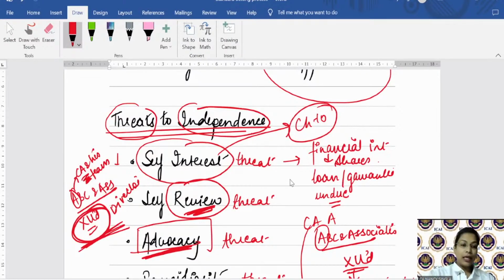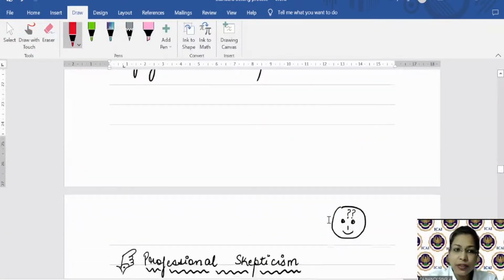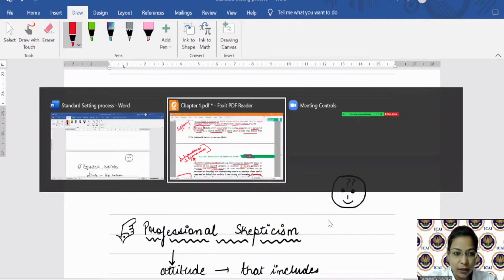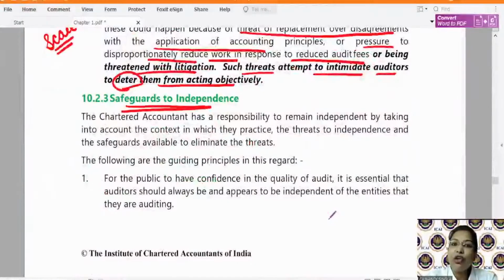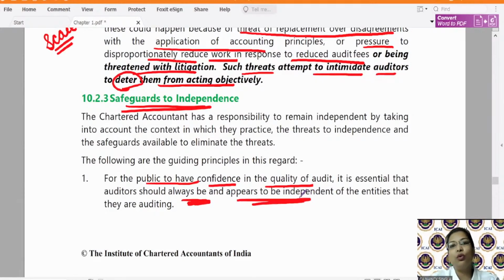Okay. Now there are certain safeguards to such threats to independence. Very simple. What are the safeguards? See, first of all, what do we say? Auditor, listen. Independence should be of mind and in appearance. You will say, we already know this. Yes, okay, this is it. For the public to have confidence in the quality of audit, it is essential for the auditors to be independent in mind and to appear to be independent.